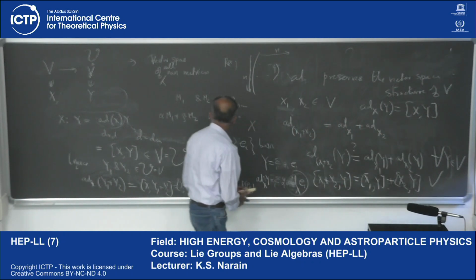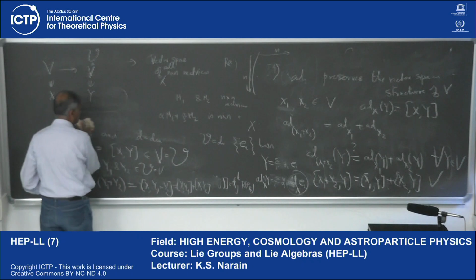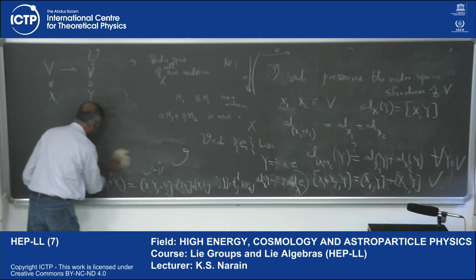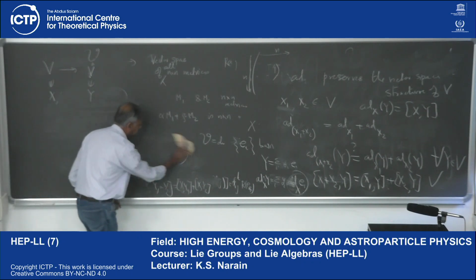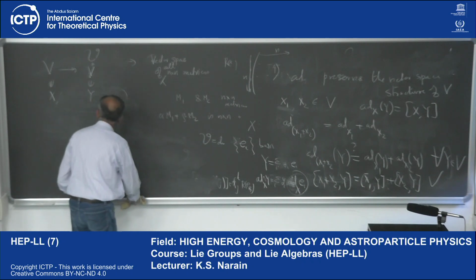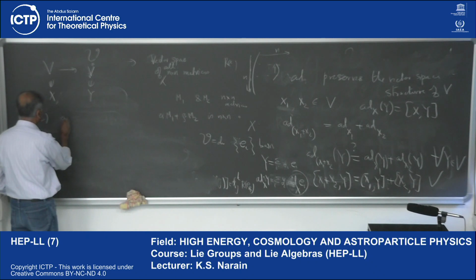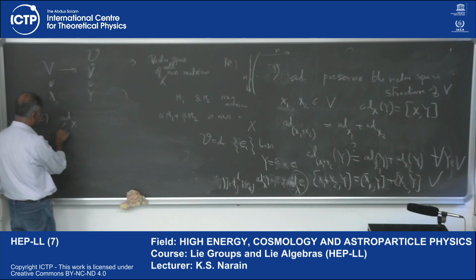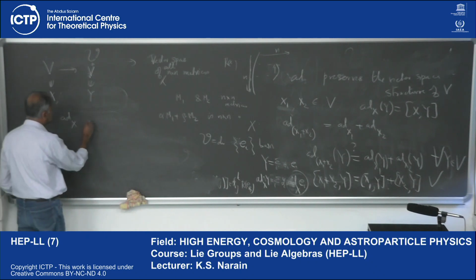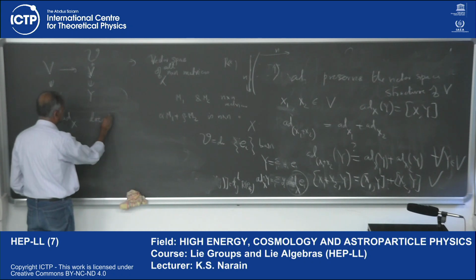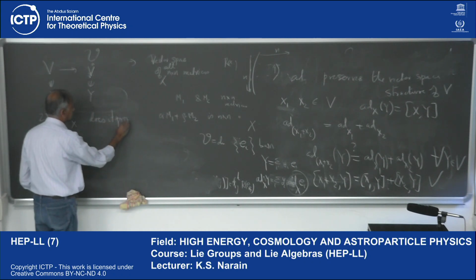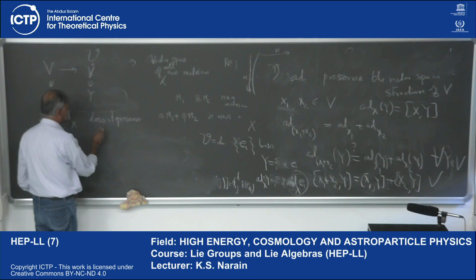Now let's look at the slightly more non-trivial one. The second condition is that it should preserve the commutator structure. So the question was, does add x, the way you define add x, preserve the Lie commutation relation?